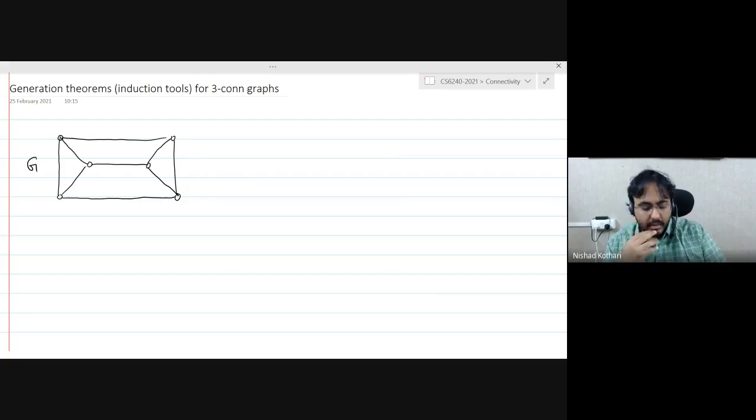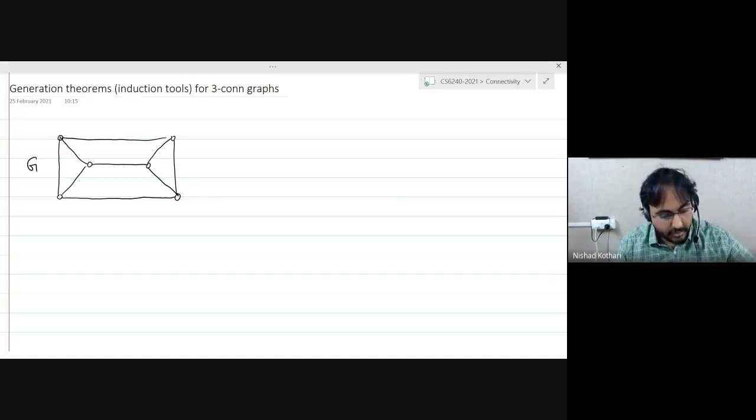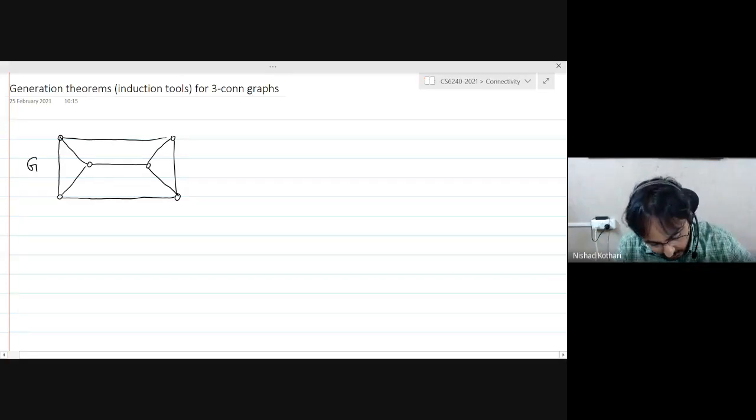Turns out there is another very natural operation that we can perform on this graph, and we might be able to maintain three connectivity. But we might not be able to maintain it. We will see. This operation is called contraction of an edge. Let me start with this edge here, E1.